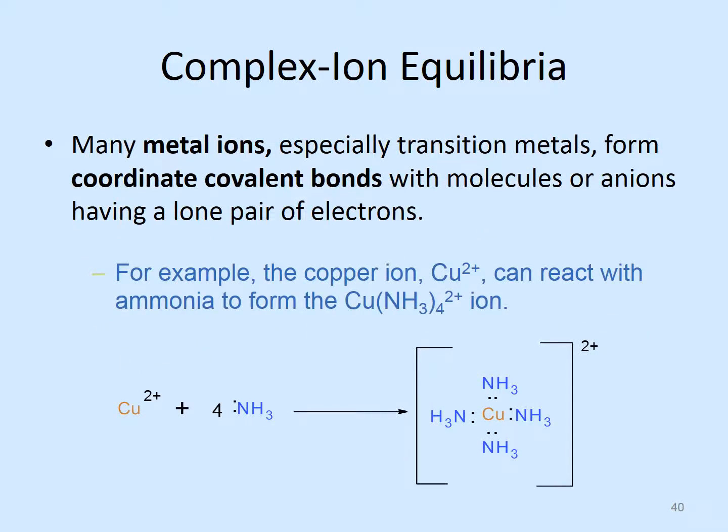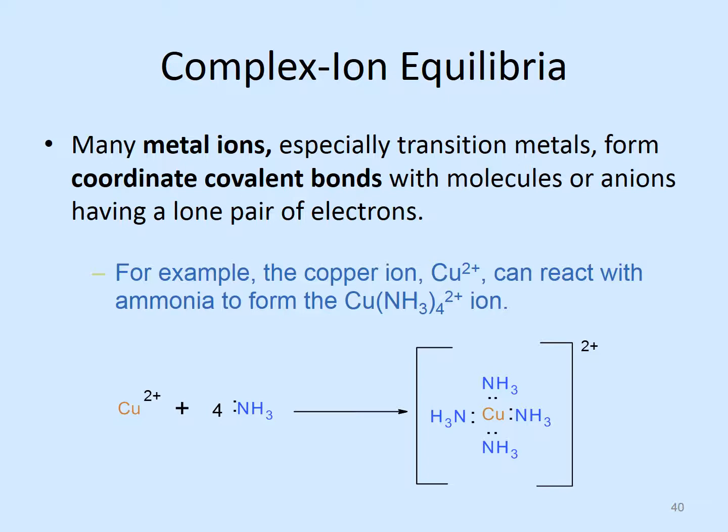For example, copper ion, when it's all by itself, is a pale light blue. But if you put ammonia in there, which is what we did in one of the labs, lab I4, the Le Chatelier's principle lab, the ammonia coordinates with the copper.